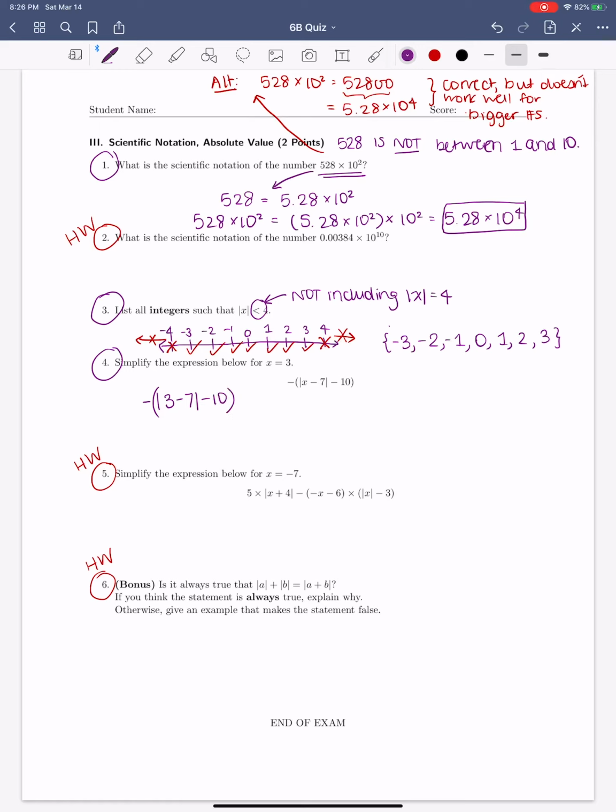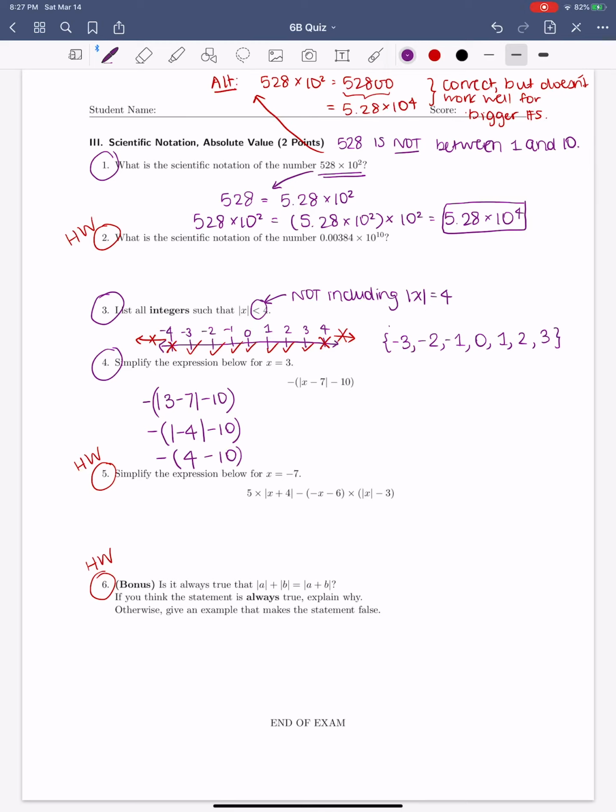And remember, when we see absolute value signs with an expression in the middle, we're going to treat them like parentheses. So I'm going to do 3 minus 7 first. That's minus 4. Now I can take the absolute value. So the absolute value of minus 4 is 4. We keep the same magnitude, but we're chopping off the sign.